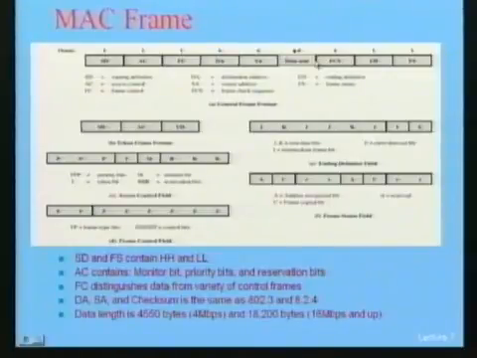You divide it by that prime number, which is 33 bits, and the 32 bits which are left over, you send in here. Then you have the end delimiter, which is the end of your packet, and at the end you have FS, the frame status.